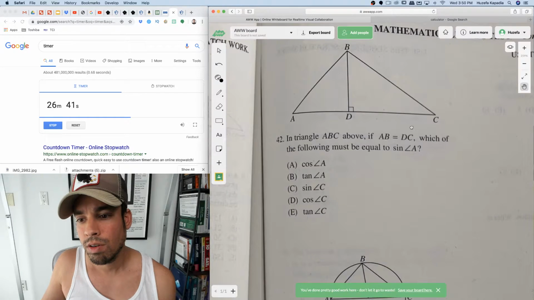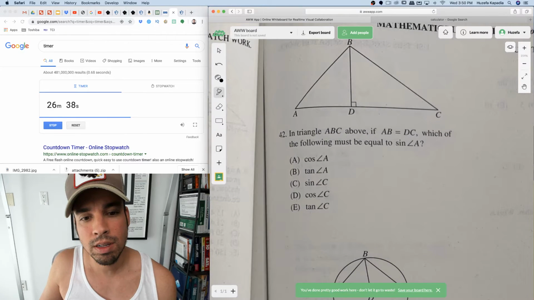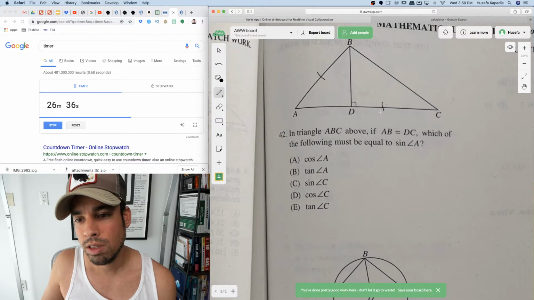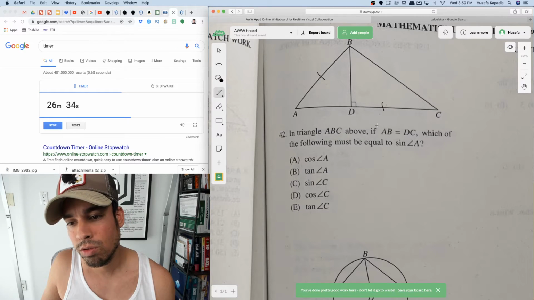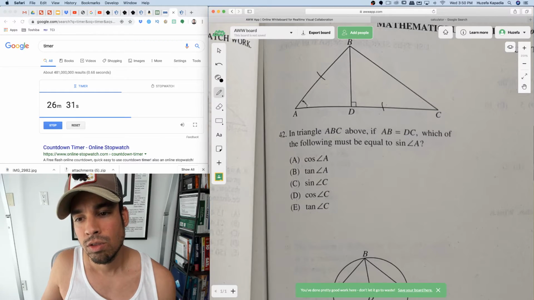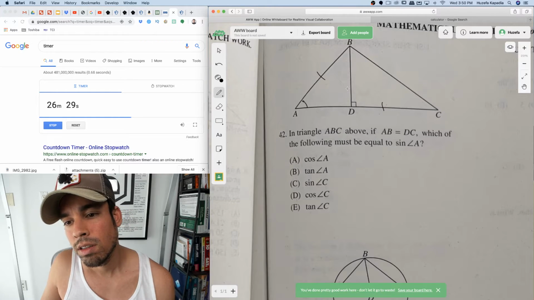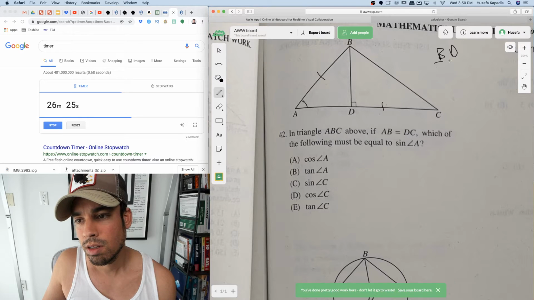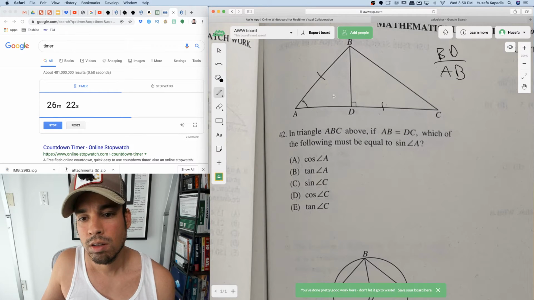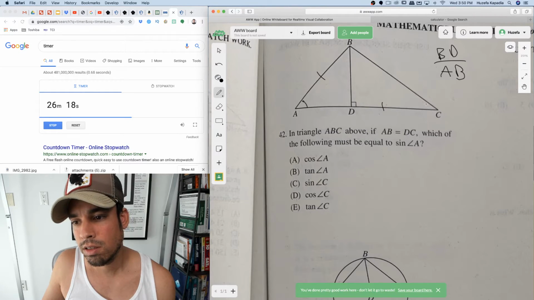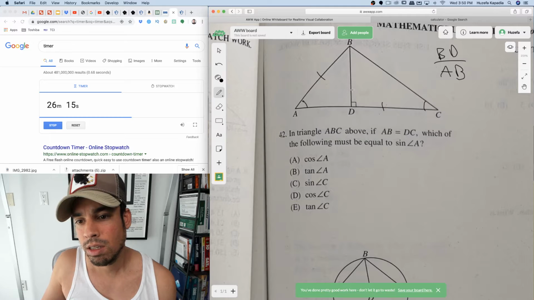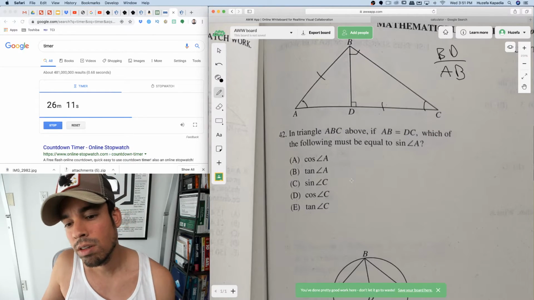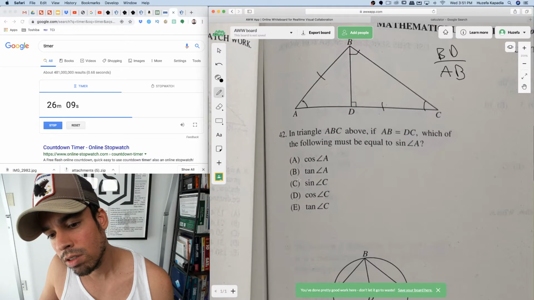All right, next, in triangle ABC above, AB equals DC. Which of the following must equal sine of A? So sine of A is BD over AB. It's sine of C, BD over DC, which is the same as AB, or cosine of B. It's this one.